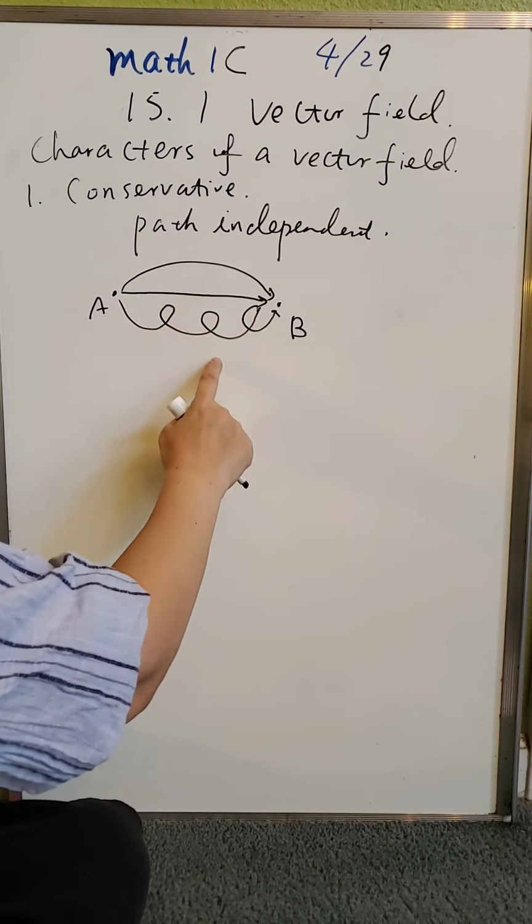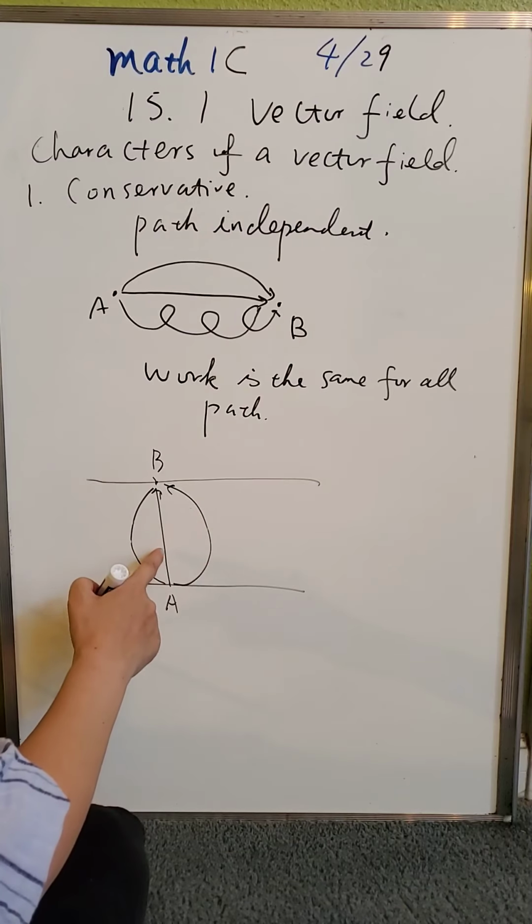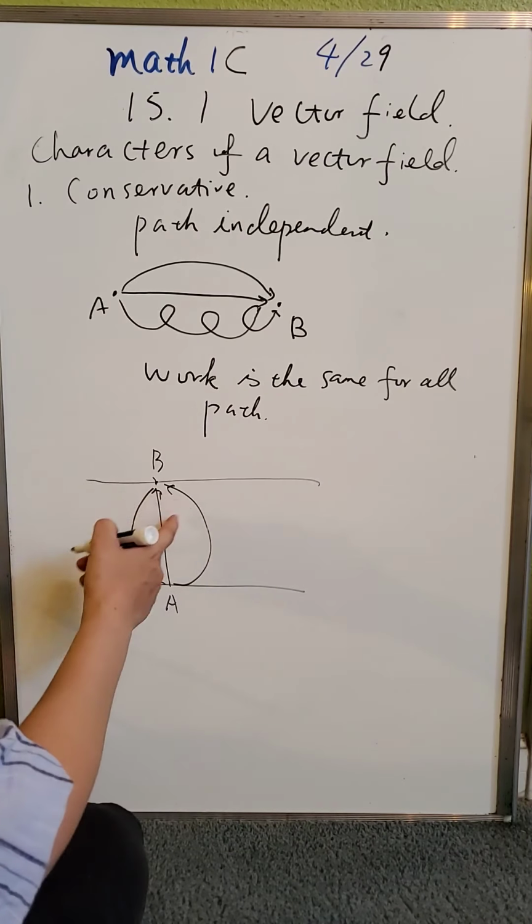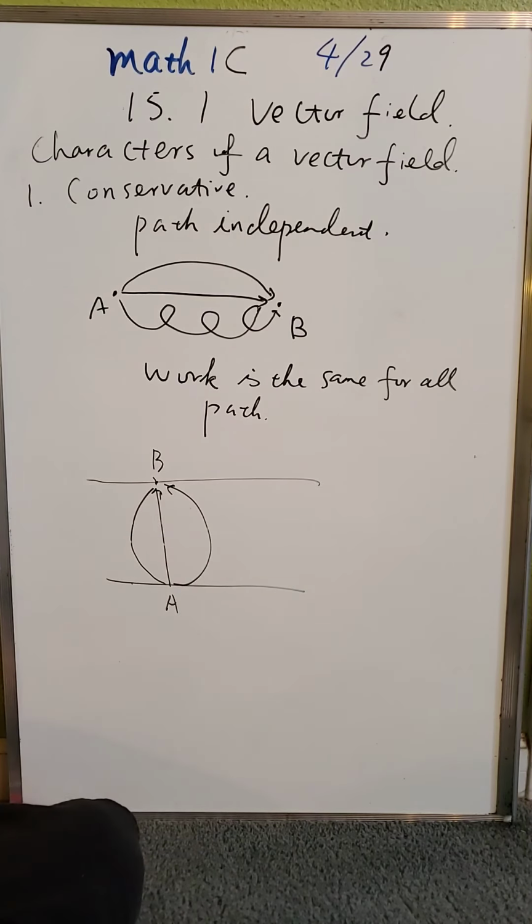So from A to B, if a river here, this is my A and that's my B. If you go this route, maybe it's different, then you go this route, or maybe different, you go this route. That's because you might have some very dangerous spot here, or maybe here. So a river usually is not conservative.